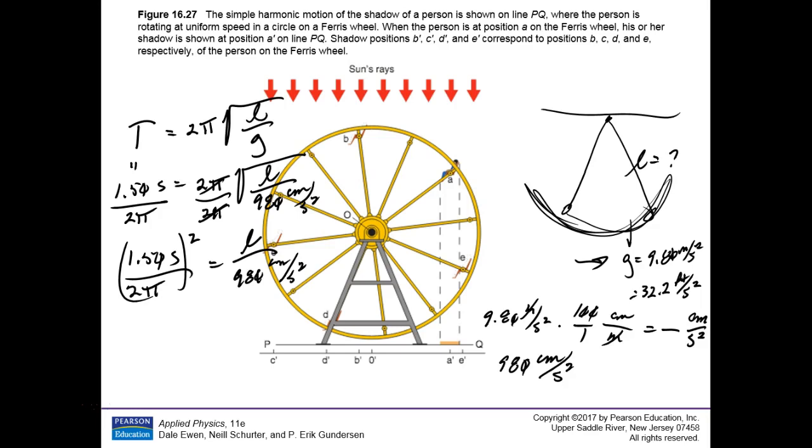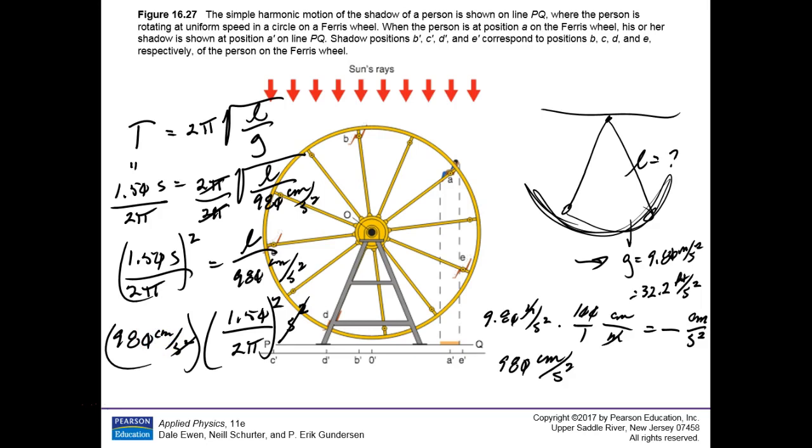You square that, it gets even smaller, but then you're going to multiply by 980, multiplied by 1.50 over 2 pi squared, and that will have units of seconds squared. This seconds squared cancels out the per second squared. Sure enough, that's going to give you a unit of meters. Oh, I'm sorry, that's centimeters, not meters. That will give you how many centimeters long the thing will be.